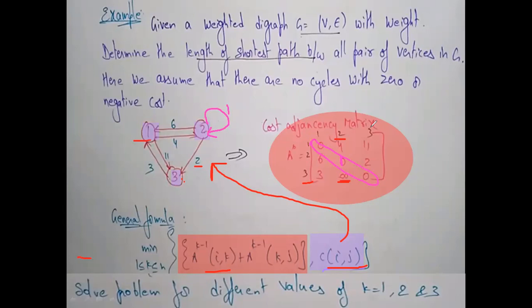So carefully observe the directed graph and write the cost adjacency matrix A0. Initially it is A0, and remember this formula: how many vertices? 5 vertices means k equal to 1 to 5. Here there are 3 vertices, 1, 2, 3.